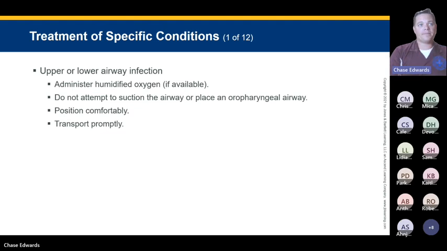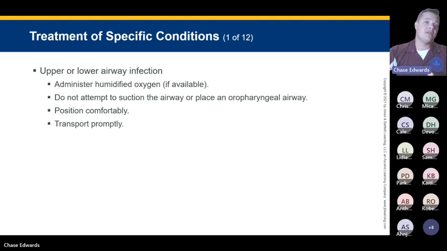All right. Some more treatment. So treatment for specific conditions. So upper or lower airway infection, you want to administer humidified oxygen if you have it available. Do not attempt to suction the airway or place an oropharyngeal airway in a patient with suspected epiglottitis. Remember the drooling, tripod positioning, epiglottitis, no suctioning, right?